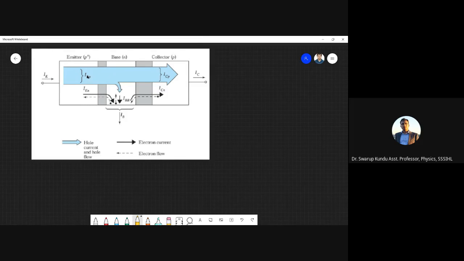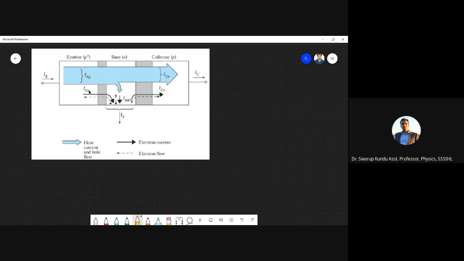This is the majority part, and there are some electrons which will also get injected from base to emitter because they are in forward bias. But as the base area is very thin, the volume is less, so the number of electrons is less, and the number of electrons getting injected from base to emitter will be less.